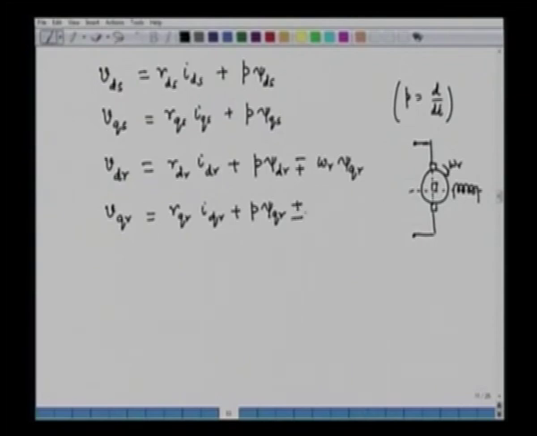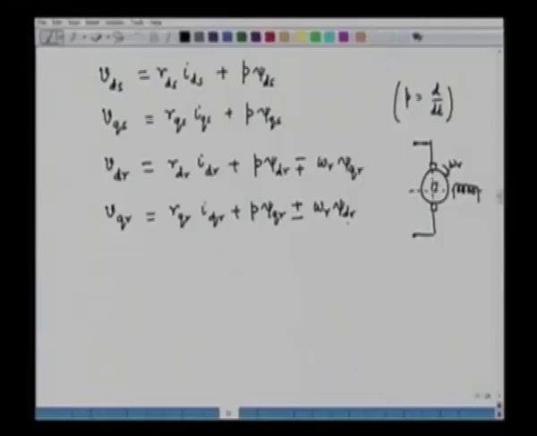Again, I don't know the polarity of the rotationally induced EMF, so we'll have plus minus omega r psi dr. Here again, the rotationally induced EMF in the q axis is appearing because of the flux in the d axis, that is omega r into psi dr.